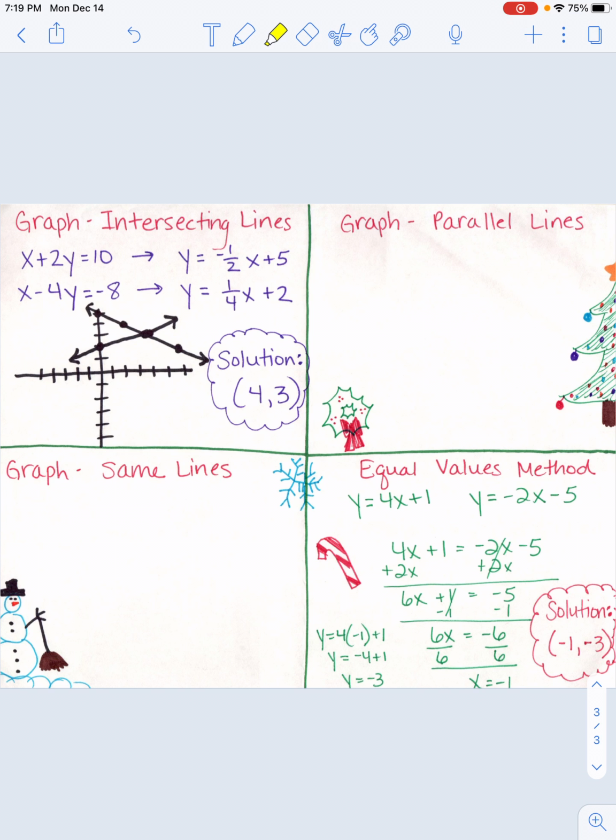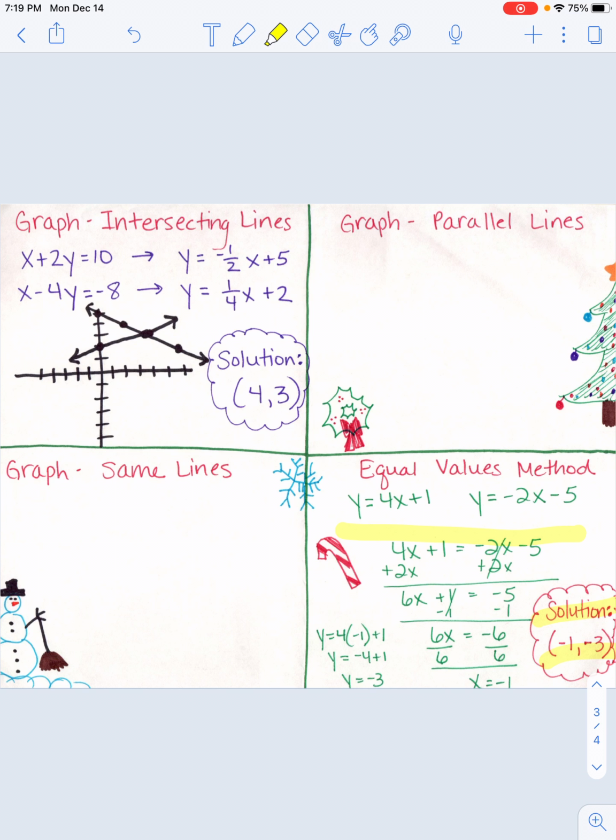So no graphing here. We already got our 3 graphs done. I picked a system of equations where they were both set equal to y. So I set them both equal to each other and solved it, and then got my solution for x and y. So you'll show all your work in each box and then tell me what the solution is.